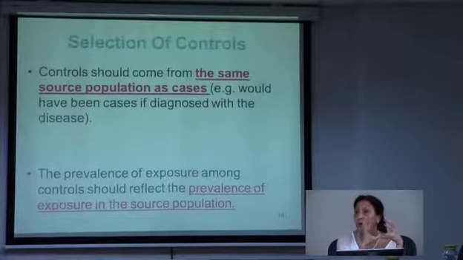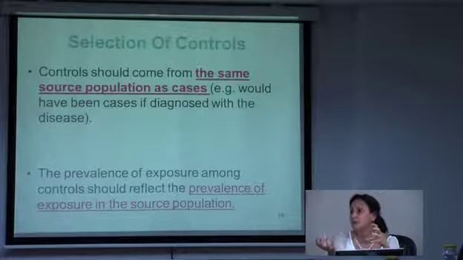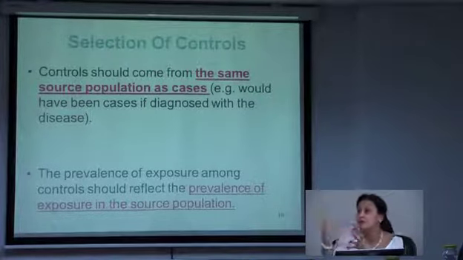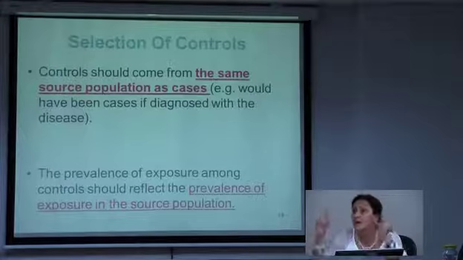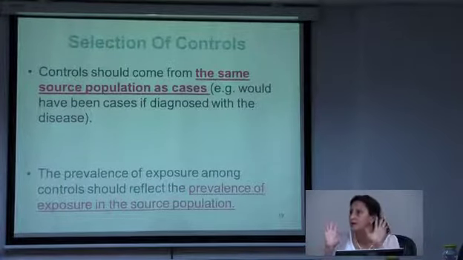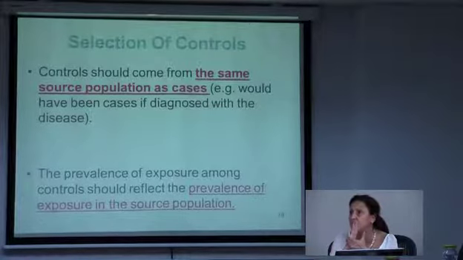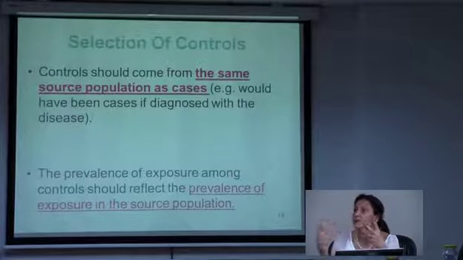I'm taking people who are diseased and people who are non-diseased. These non-diseased should represent the healthy, who are not diagnosed, who at the time of the survey don't have bladder cancer or any type of cancer. So these should represent the exposure of the population.